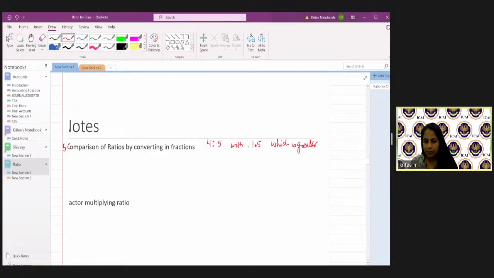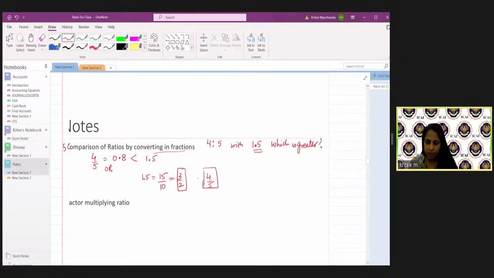The two numbers are represented in different forms, so you cannot compare them. So convert both of them into fractions or convert both of them into decimals. For 4:5, I can write it in decimal as 0.8. Now I compare it with 1.5 and I know 1.5 is bigger. Or convert this 1.5 into a fraction. Decimal gone, 10 here, 3/2. So one number is 4/5, the other number is 3/2.